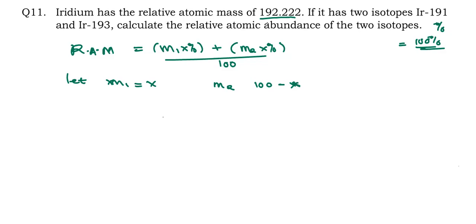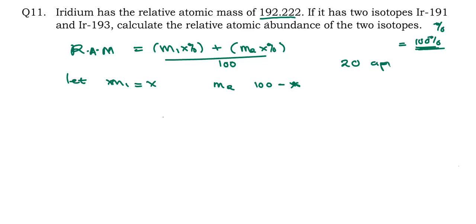I'm going to explain this because the total abundance is 100. That means if one is X, then the other will be 100 minus X, so that we have the percentage abundance of M2. Let me explain this in another way. Let's say you are with your friend and you've got 20 apples.